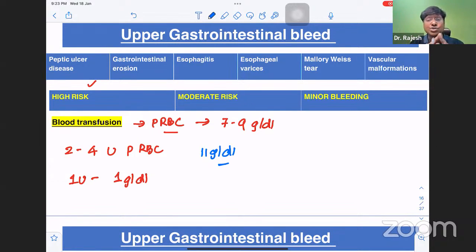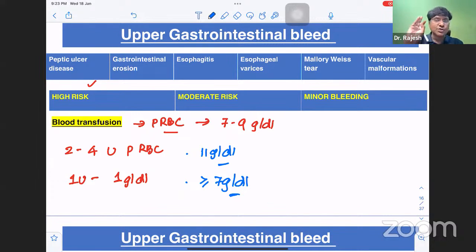Transfusion of the blood should not be stopped in patients with massive active bleeding, whatever might be the hemoglobin value, okay? And what should be your target hemoglobin value whenever you are giving the blood transfusion? In those individuals where the hemoglobin levels have dropped, the target hemoglobin value should be more than or equal to 7 grams per deciliter.